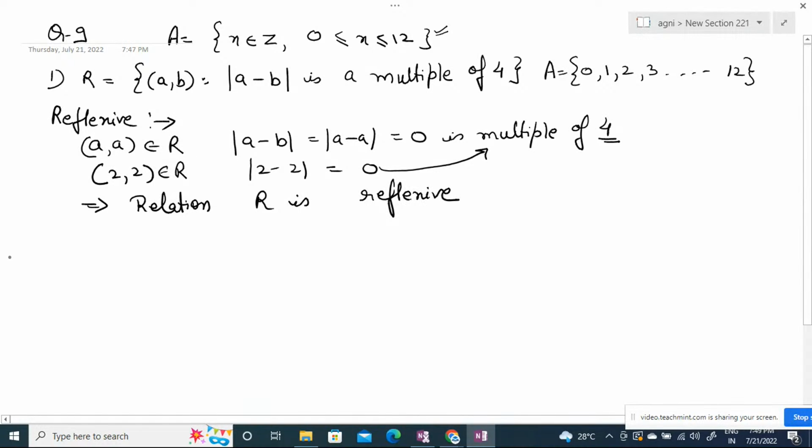Now the second condition, you have to check for symmetry. Let A comma B belong to R. It means that A minus B is a multiple of 4.